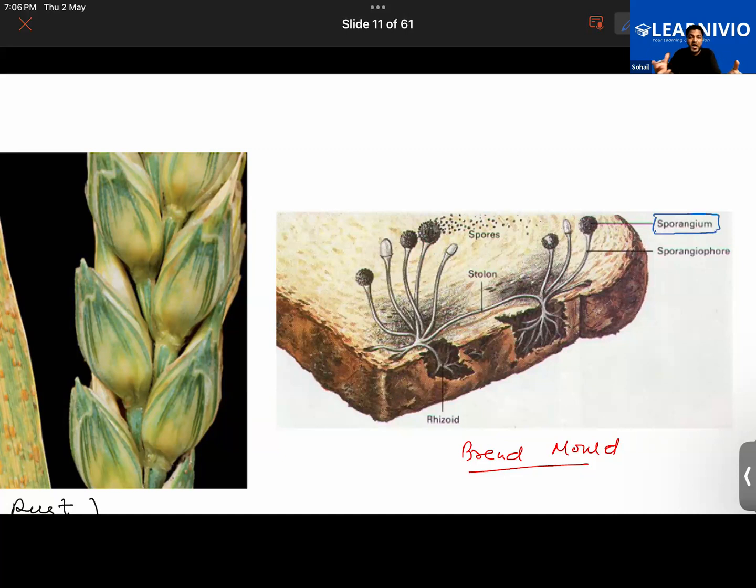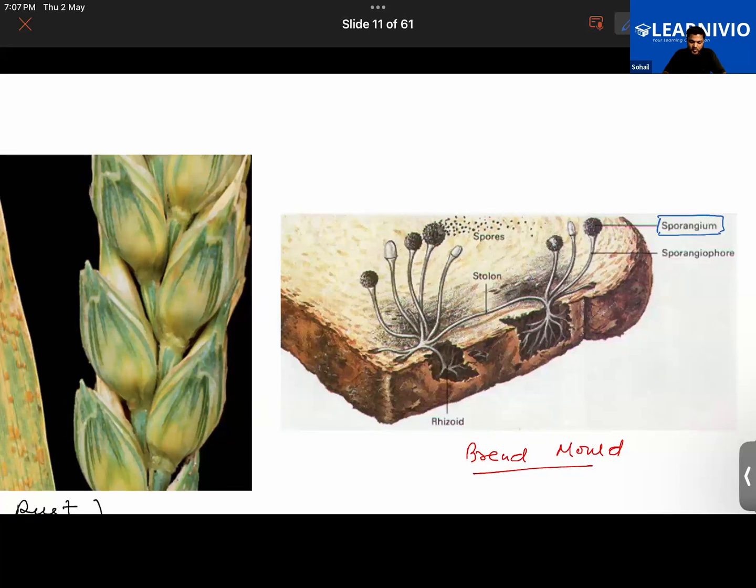When it explodes and bursts out, it releases so many spores in the air. Keep that in mind. When these spores land on a surface, a new bread mold will start to develop from it. Is that clear to everyone?